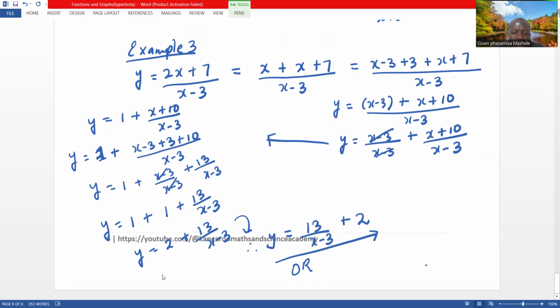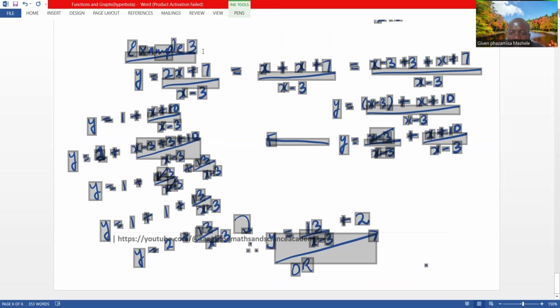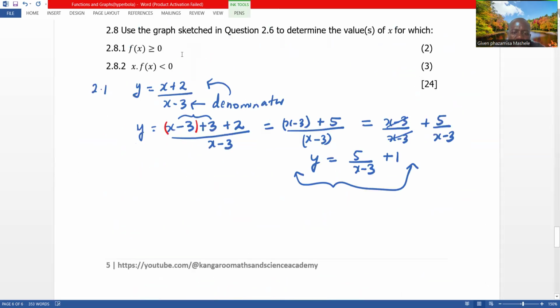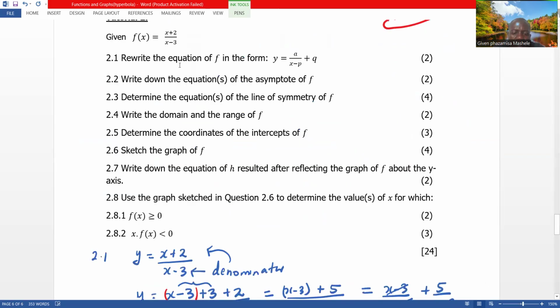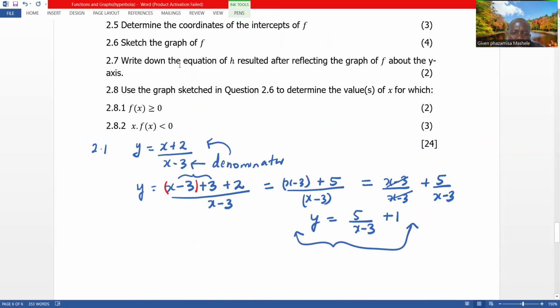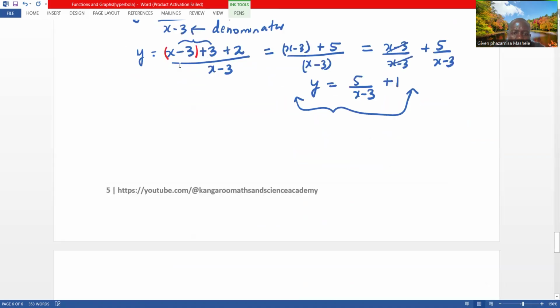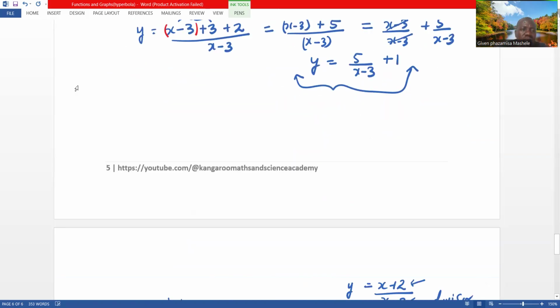The workings, but it's not giving me options. Okay, let me just go back and try to do it somewhere here.